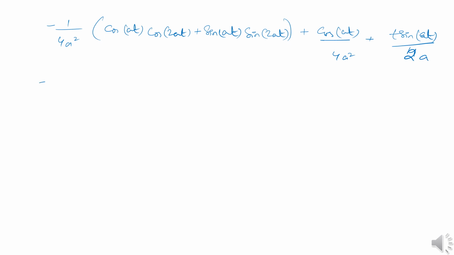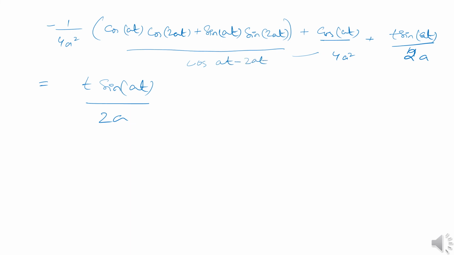When we simplify it further, we will get t sine AT upon 2a, because the things will cancel out. This is cos AT, this is cos 2AT plus sine AT sine 2AT, so I can write it as cos of alpha minus beta.